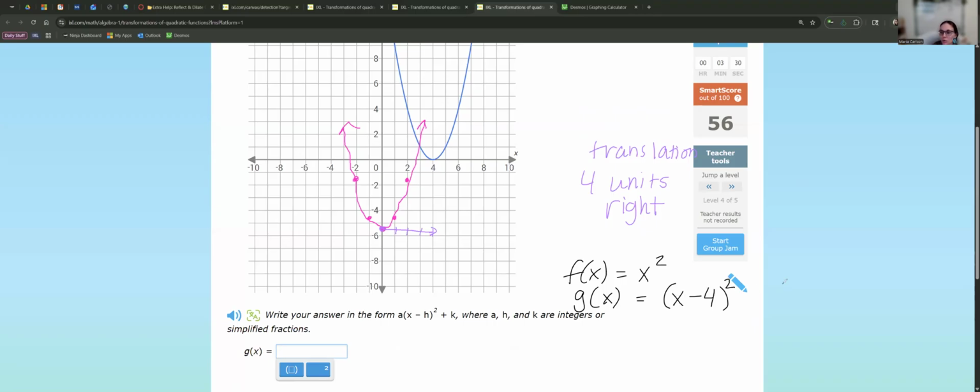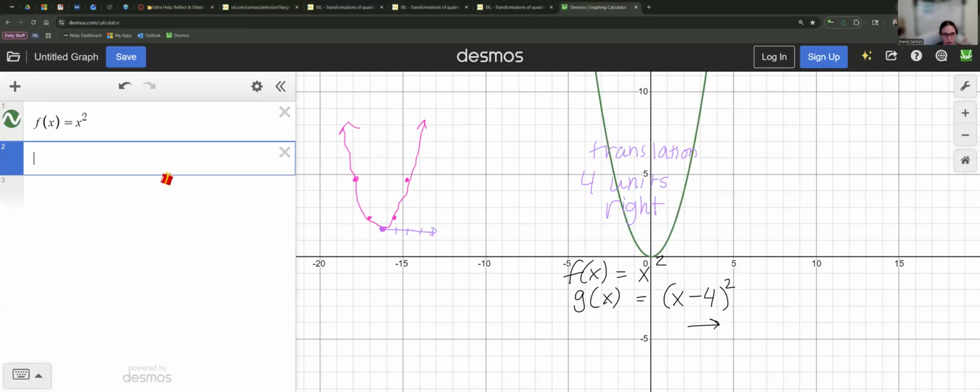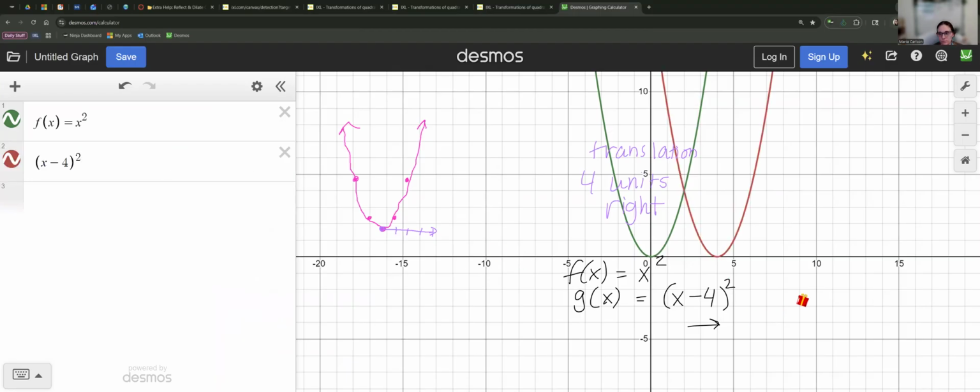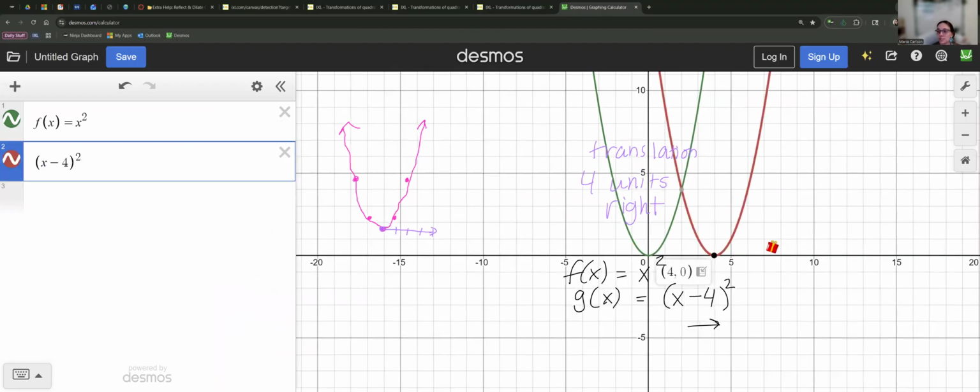X minus 4 squared tells us to take that x squared and move it to the right 4 units. That's what the minus 4 in parentheses tells us. And you could always test this on Desmos as well. We already have the x squared there. If I try x minus 4 squared, it has moved to the right.